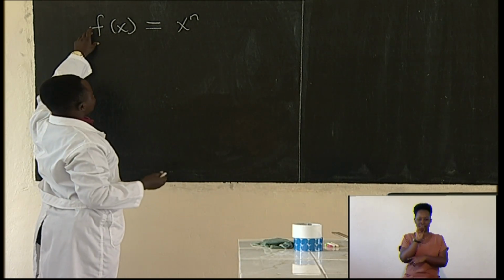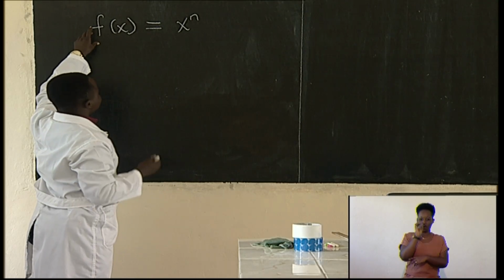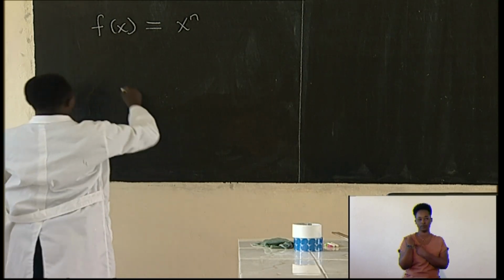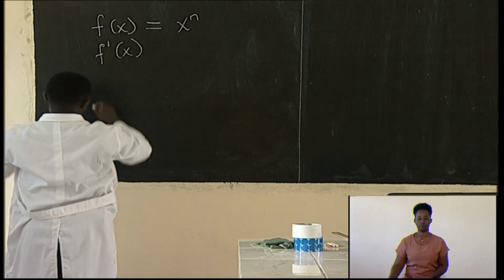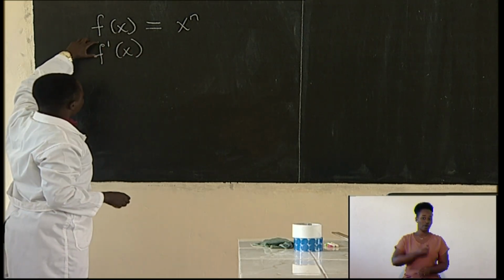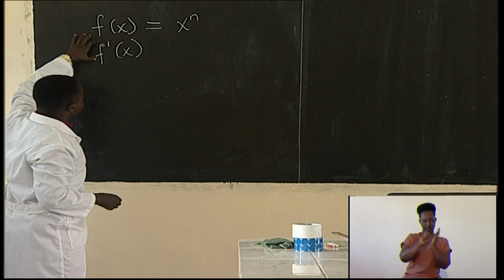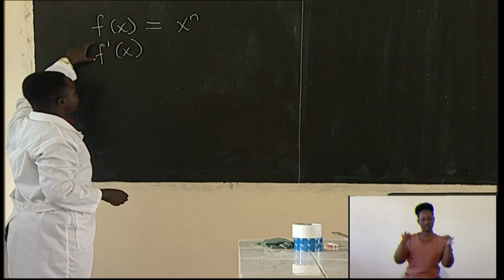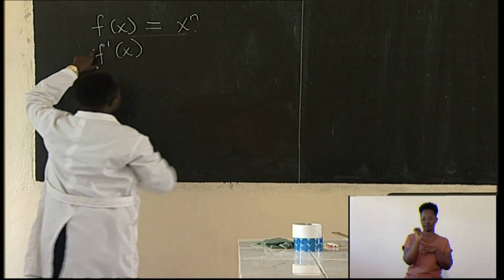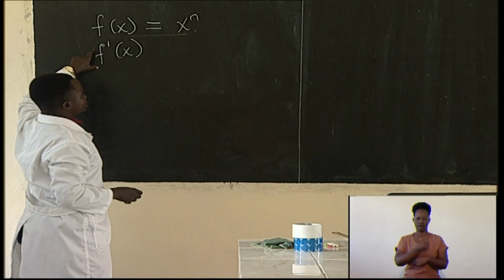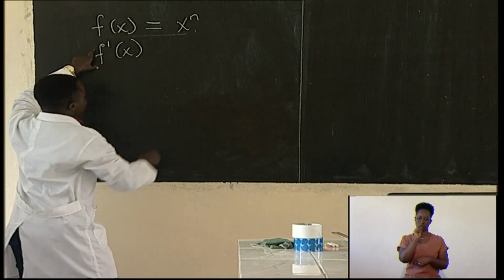How do we indicate a derivative of a function? Our first derivative of this function, we shall write in this form, which shows a derivative function. So if this is our function, how do we differentiate it in this case?